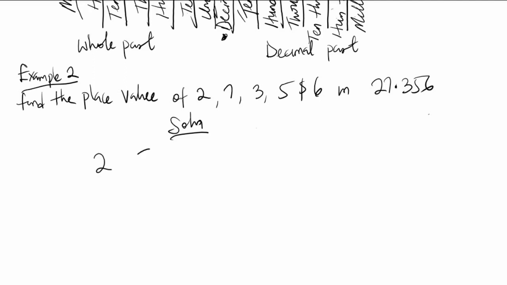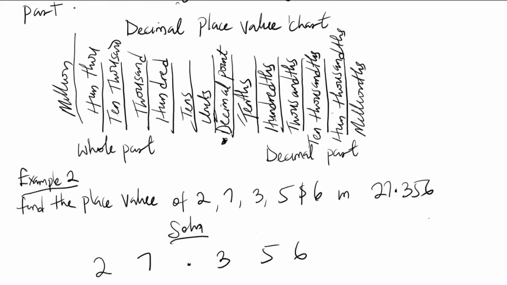So arrange 27.356 from our decimal place value chart. We just correlate it to the decimal place value chart.